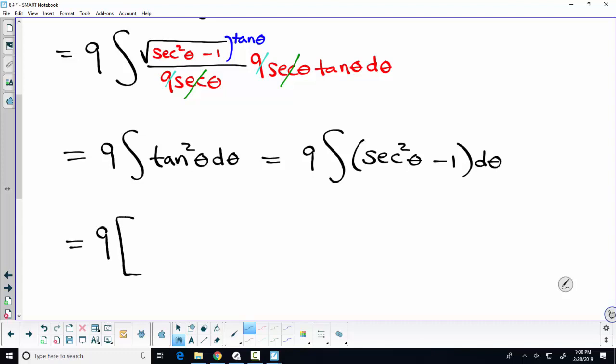So that's 9 times the antiderivative, tangent theta minus theta. And then we'll have this constant here. Yeah, they'll combine to another constant.